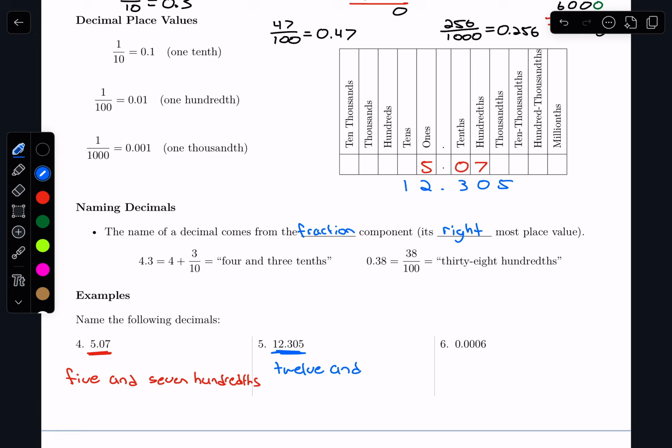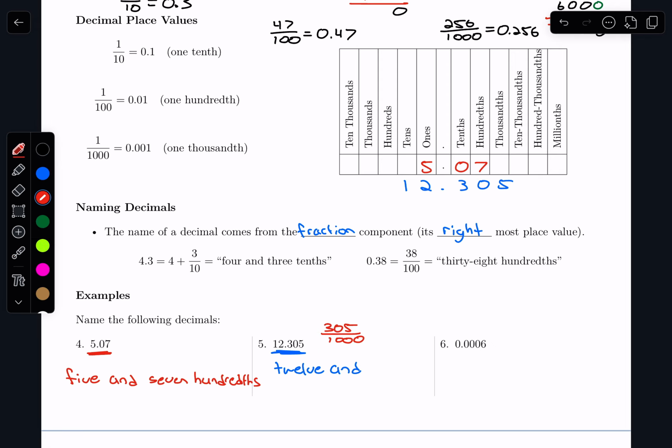If we wanted to turn that 0.305 back into a fraction, we would just take the 305 and put it over 1000. Because we have 3 decimal places, and the third decimal place in this chart is the thousandths place. So we can go ahead and name this number as 305 thousandths.